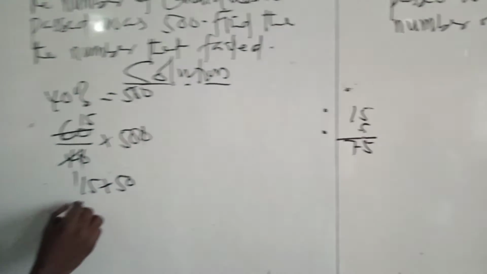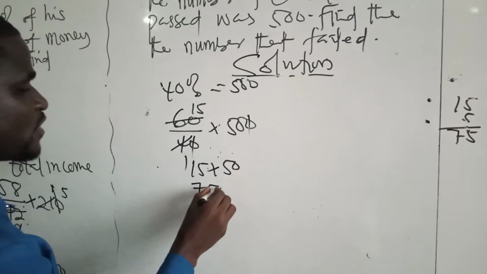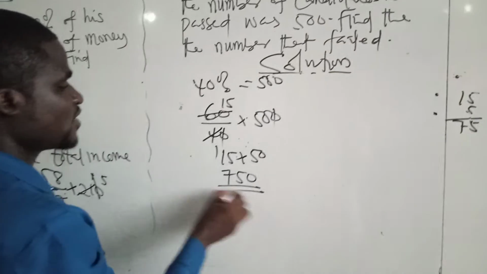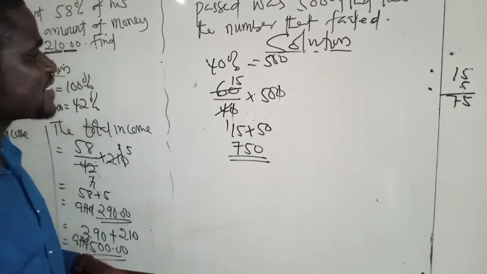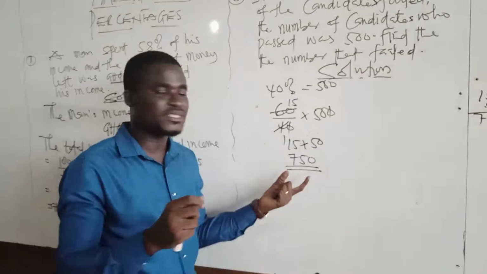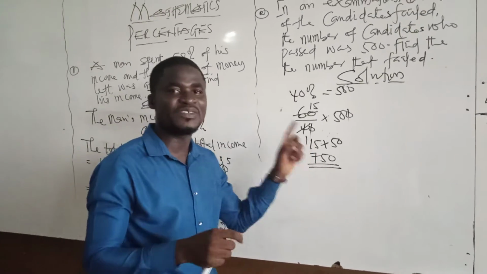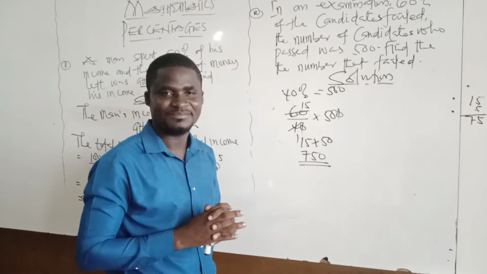So we are going to have 7, then add your 0 to it. 750 candidates. It means that those who failed were 750 candidates.